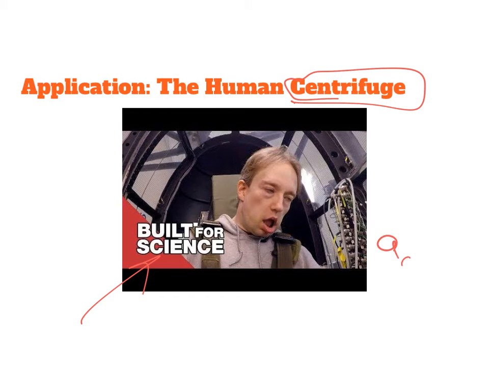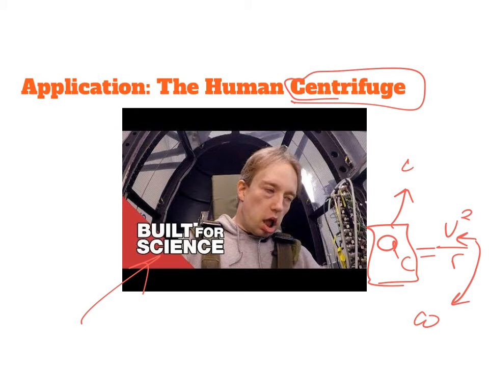And because of this concept that centripetal acceleration is v squared over r, and centripetal acceleration is how fast we're accelerating, they can actually simulate additional or greater g-forces by manipulating how fast this thing is angularly rotating. So he goes in and I think he gets to like 4.6 g's or something like that. And 4.6 g's, all that means it's 4.6 times g, which is free fall acceleration, which as we know, we're lazy, is 10 meters per second squared.